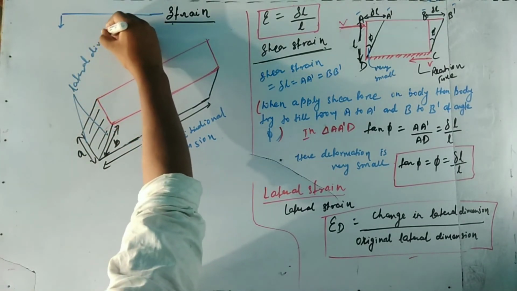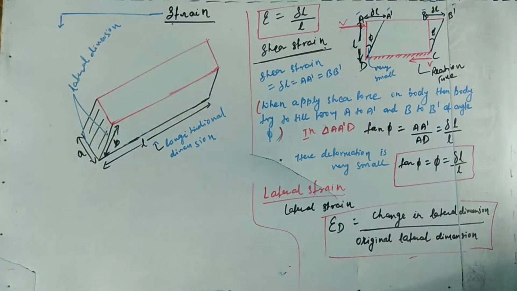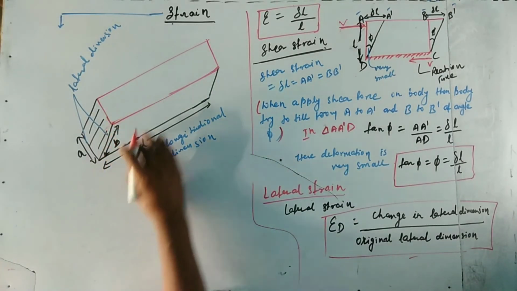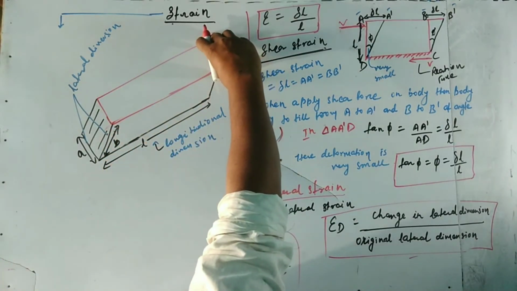According to this body, the deformation along the lateral dimension is called lateral strain. So we can say it is the deformation along the cross section.